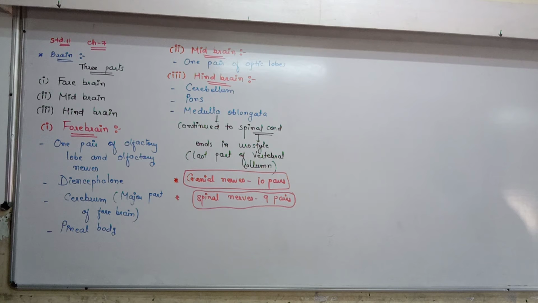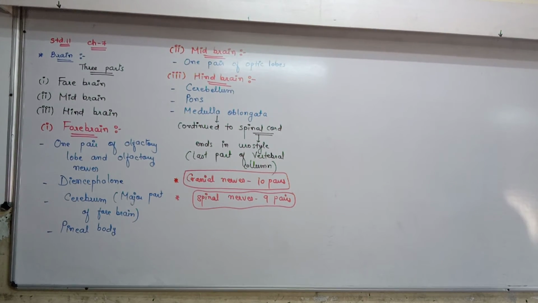Vagus nerve, the 10th cranial nerve, is the longest nerve of our body. Vagus nerve is divided into branches and supplied to the diaphragm, and it is also divided and supplied to the SA node also. It regulates all the important visceral activities of our body.